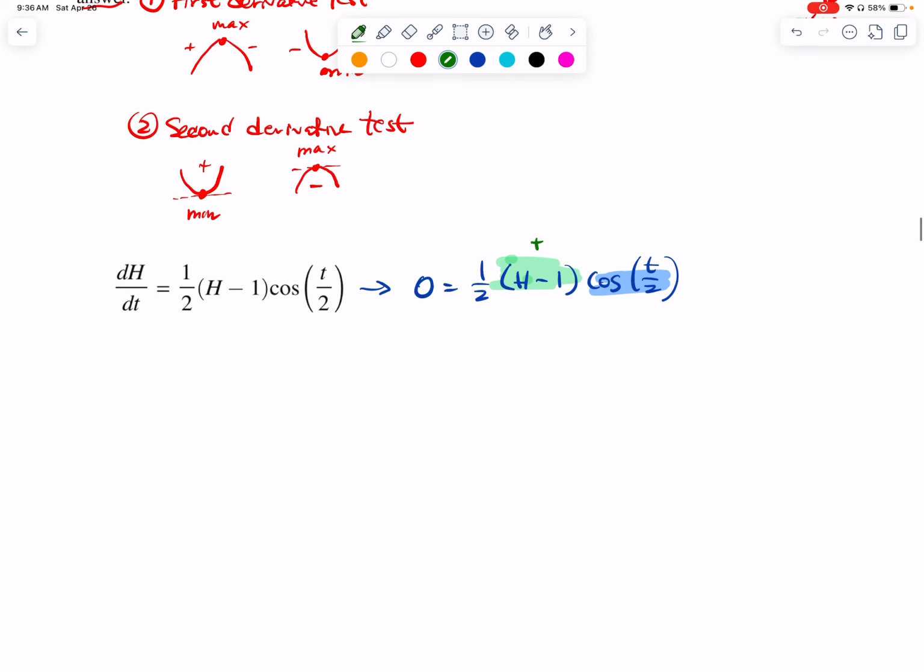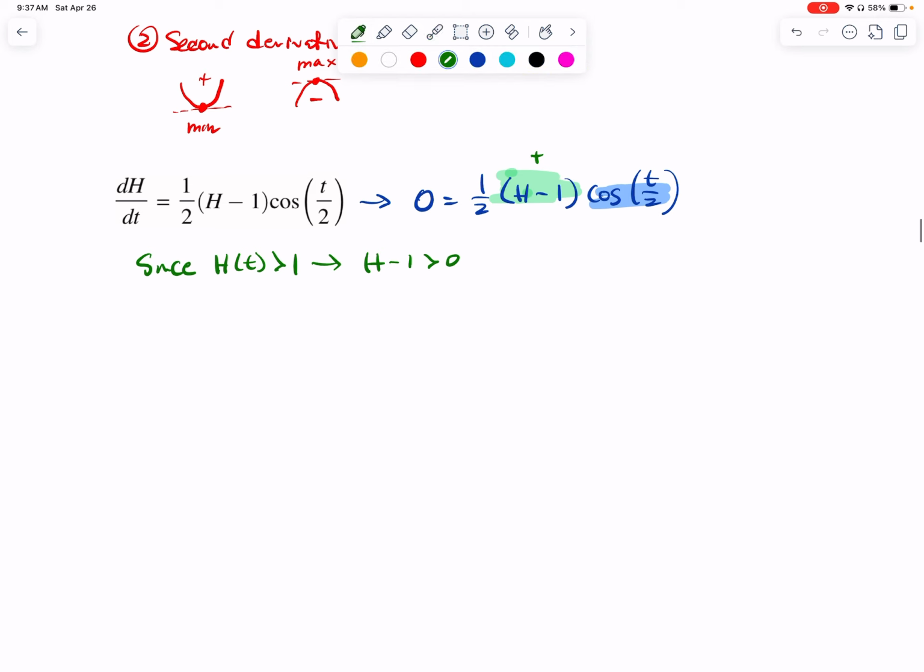So I'm going to say, since h of t is greater than 1, that implies that h minus 1 must be greater than 0, right? You can get that from just moving that 1 over to the other side. So a 0 is only going to come from the cosine part of it. So I'm going to take this cosine of t over 2.